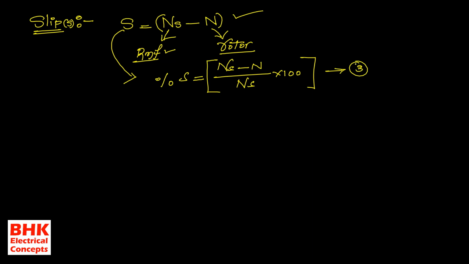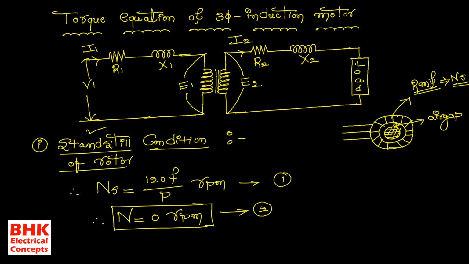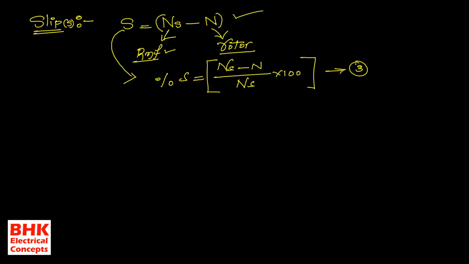Equation number 1 is the expression of synchronous speed. Equation number 2 is that under standstill condition, the speed of the rotor is 0 rpm. Equation number 3 is the percentage slip. Now we are going to get the percentage slip under standstill condition. Percentage slip S is equal to ns minus n divided by ns into 100.